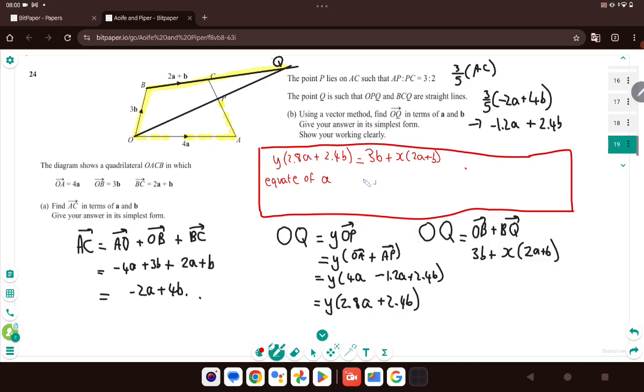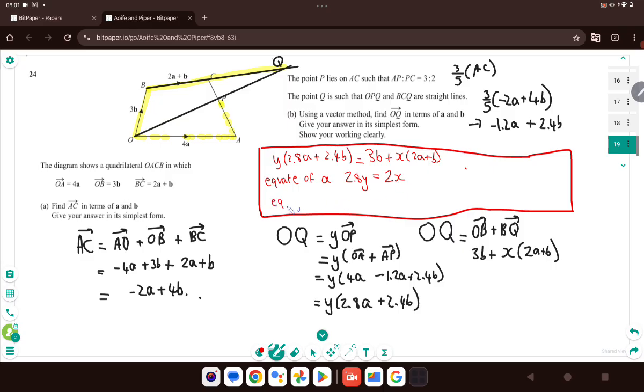If I expanded these brackets, I'd have 2.8ya plus 2.4yb. So my coefficient of a would be 2.8y. On the other hand side, I'd have 3b plus 2ax plus xb, so my coefficient of a would be 2x.